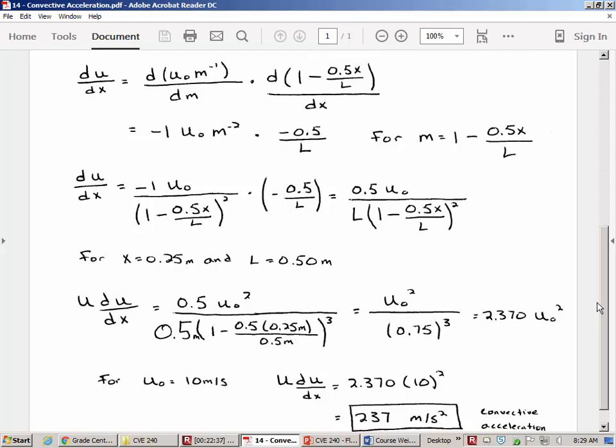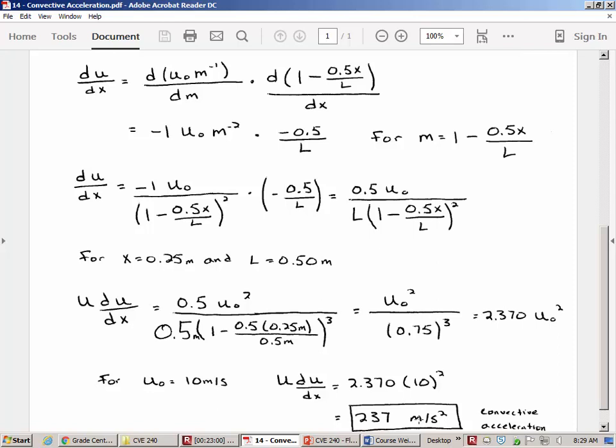And it's an interesting thing that we have, of course, the same units for acceleration regardless of whether it's local or convective. Even though it's the change in velocity with respect to position and not with respect to time, there's still a time component in the description of how the velocity is changing.